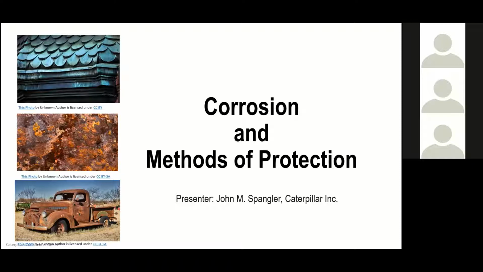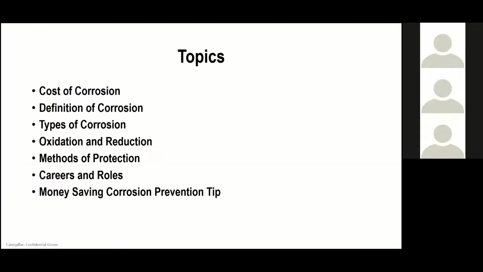So today's topic is corrosion and methods of protection. The objective here today, along with the topics, is really to have a good understanding of the cost of corrosion. You'll have a better understanding of the definition of corrosion and the various types. I'll get into a little of the oxidation and reduction reaction, but I won't get too technical in that area.